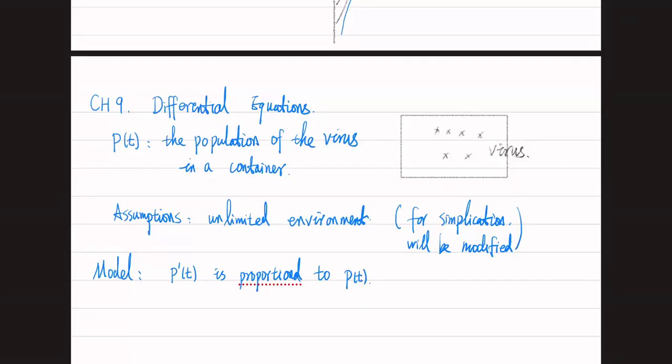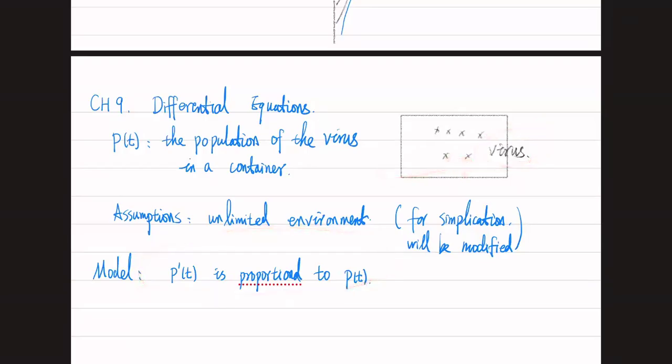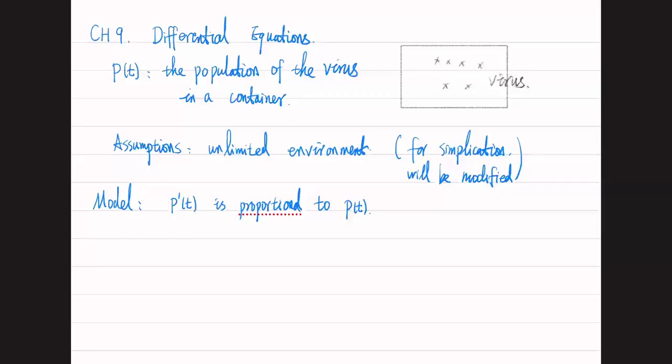I mean, the more virus, the more quickly the number grows. So the rate is proportional to this number. We will use the following notation, P derivative. So whenever you see two quantities with this relation, it means they are proportional.